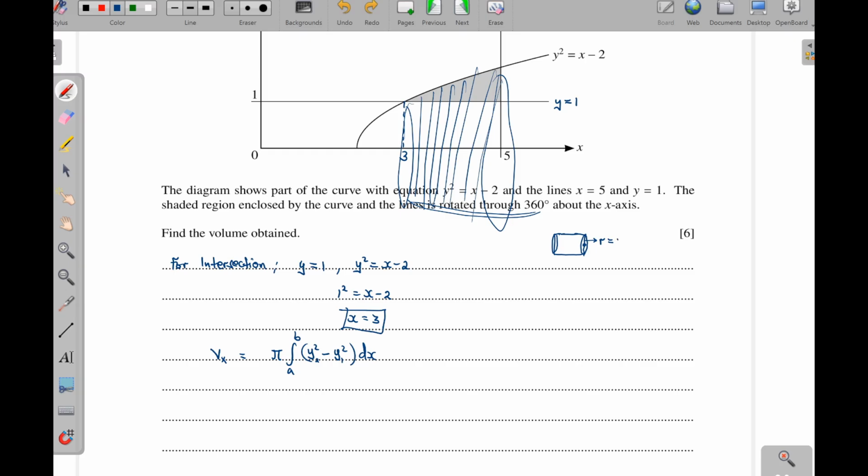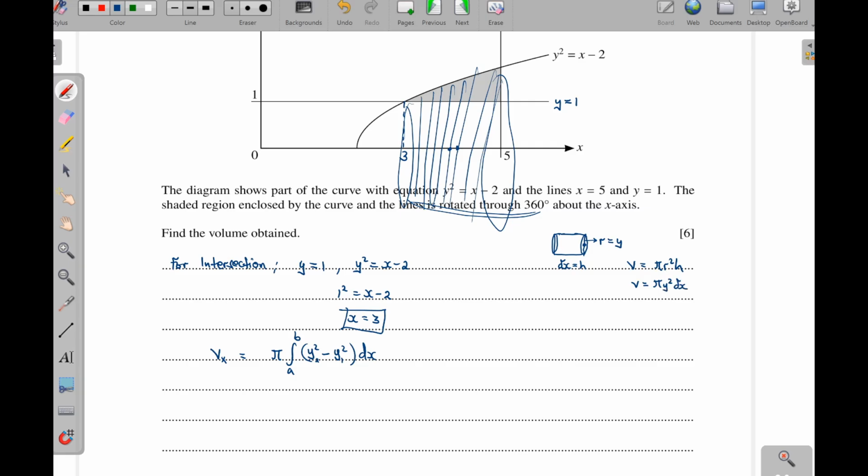So we shall get a y there. The change in x will be the height of that cylinder. We know that the volume of a cylinder is pi r squared h. For this case, the volume of one small cylinder is going to be pi y squared delta x.